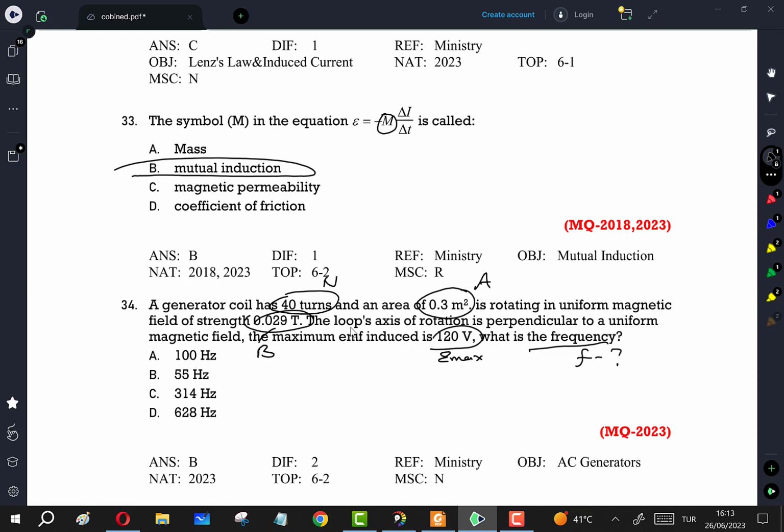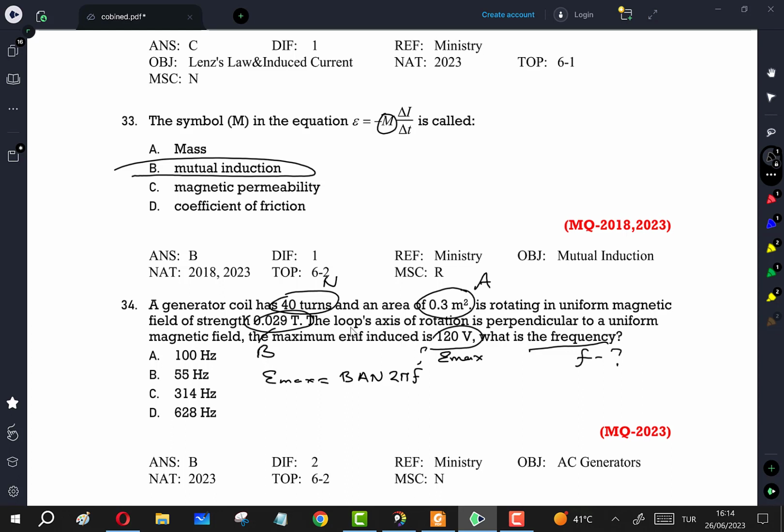All right, now we can continue with the E max equation. E max is equal to BAN omega, but since frequency is the question, we should write omega as 2 pi f.